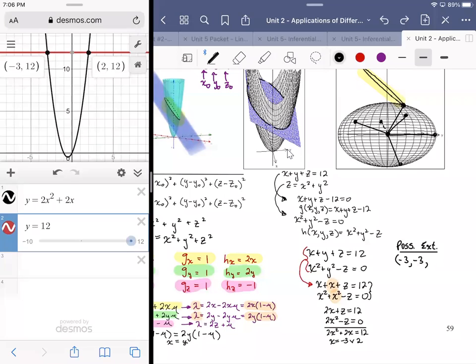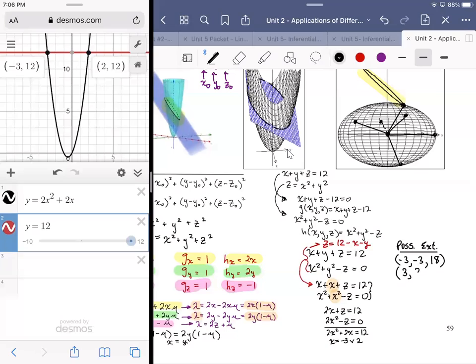If you want, you can reorganize that off on the side, because z is equal to 12 minus x minus y. So it's really 12 plus 3 plus 3. So 12 plus 6 is going to be 18. So that's one possible extreme.